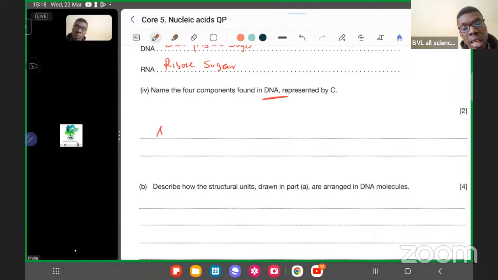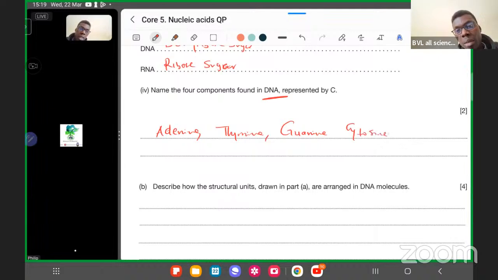So it's just going to be adenine, thymine, guanine, and cytosine. Let me say this at this point. Remember that adenine and guanine are purines, while thymine and cytosine are pyrimidines.